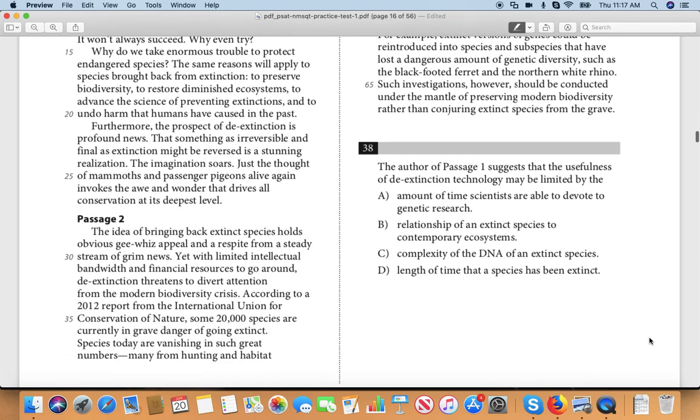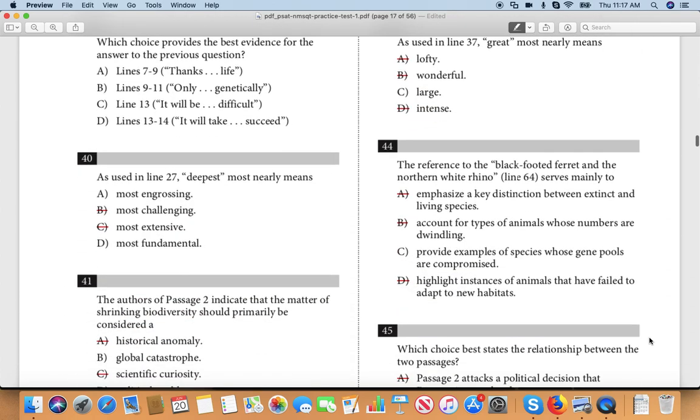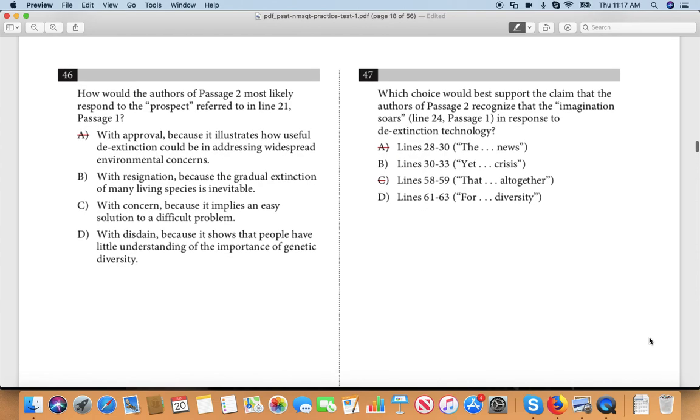No, that's not going to explain how they would respond to the extinction technology. You can see what they're trying to match that up with, what answer choice from 46. Which answer choice from 46 are they trying to match that up with? Probably B.